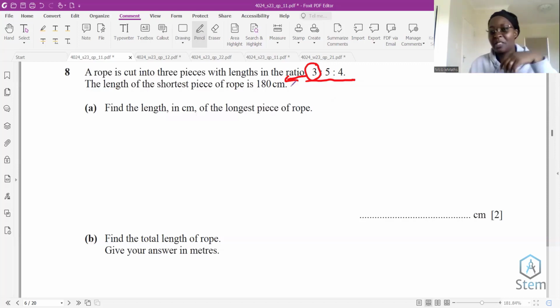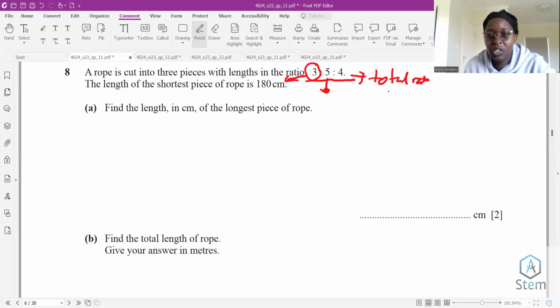I'm used to the previous question, that's why I said degrees. Okay, fine. So they are saying find the length in centimeters of the longest piece of the rope. The longest piece is going to be this one, 5 here. But how do we calculate it? The easiest way is to find the total length of the whole rope, then we find for 5. Okay, so let's find the total ratio.